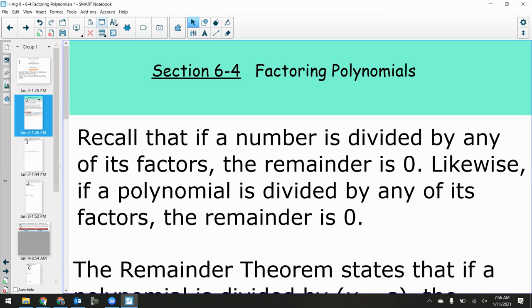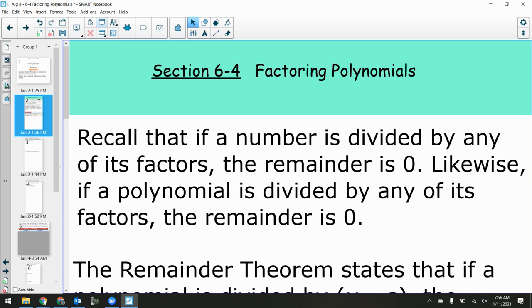Recall that if a number is divided by any of its factors, the remainder is 0. Right? If I take, say, 24, and I divide it by one of its factors, 6, I get a whole number, no remainder. Not even in terms of even odd, I'm talking about a whole number.